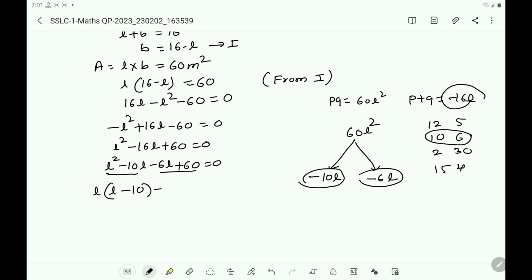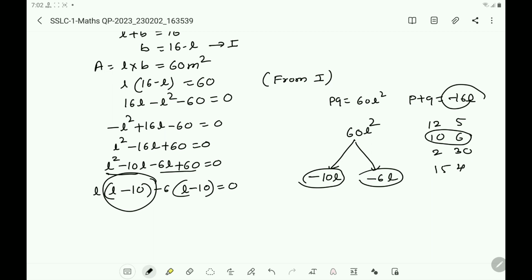So you remove minus 6 in the bracket. Here what is remaining? L. And here what is remaining? Minus 10, because minus into minus is plus. L minus 10 equals 0.